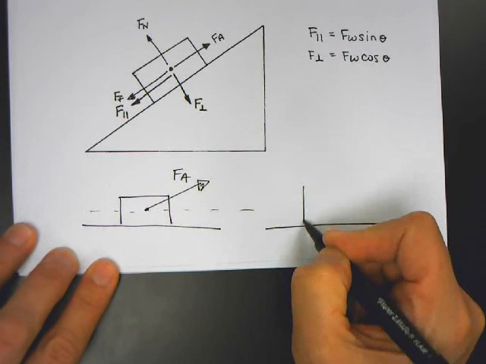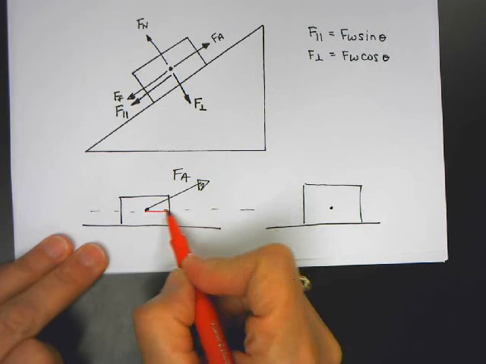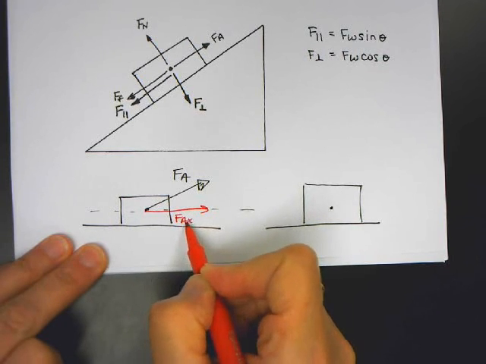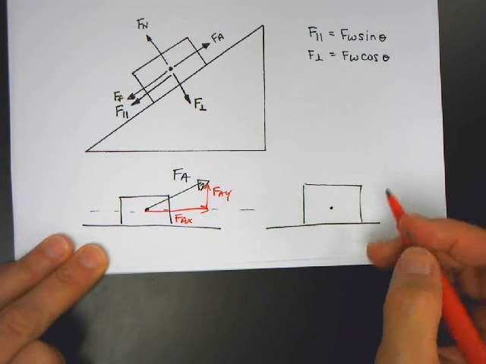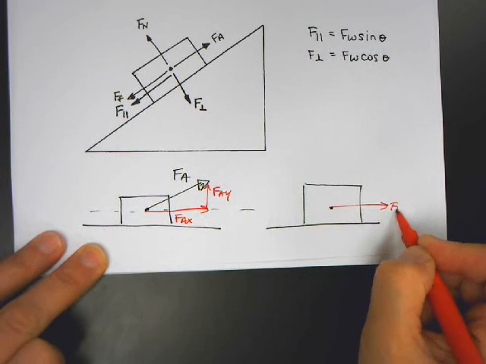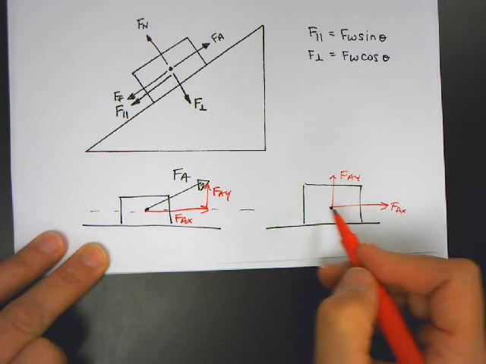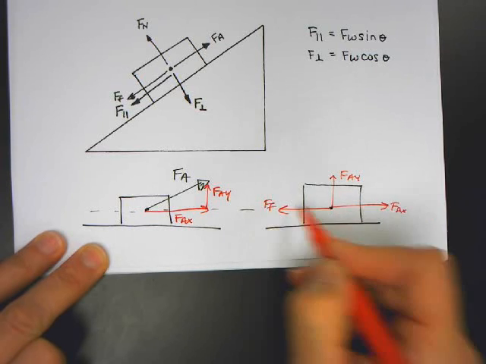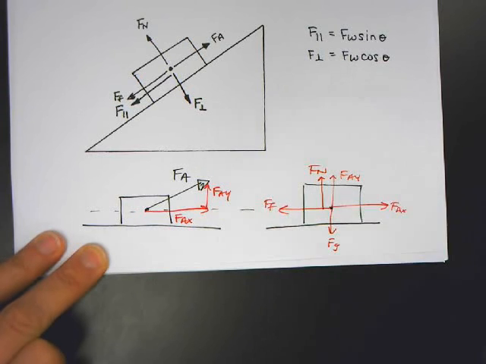So if I redrew this, and let's say I found the components of this force, FAX and FAY, when I redraw this, I would have here FAX, and then I would have FAY, but then don't forget, I'm going to have my frictional force, my force of weight, and then I'll draw it to the side, my normal force. Okay? So when you're summing forces, you see how things are not going to be equal and opposite?